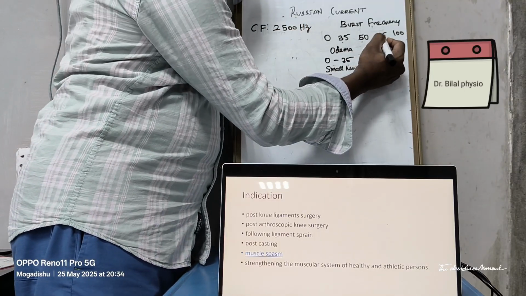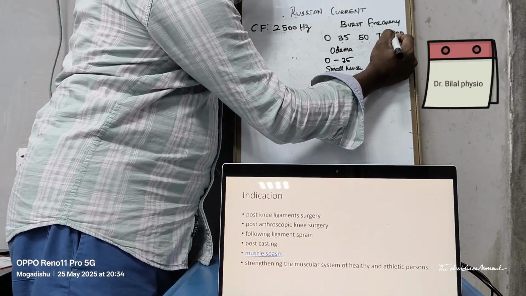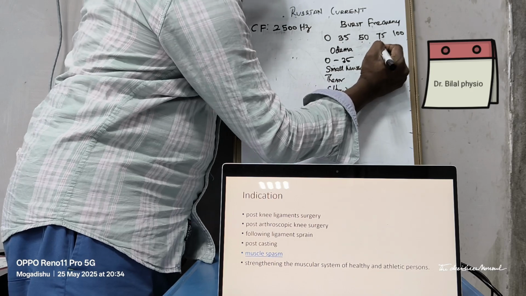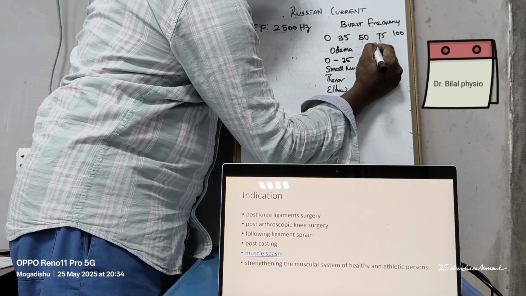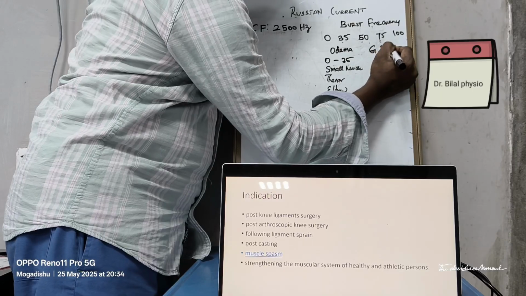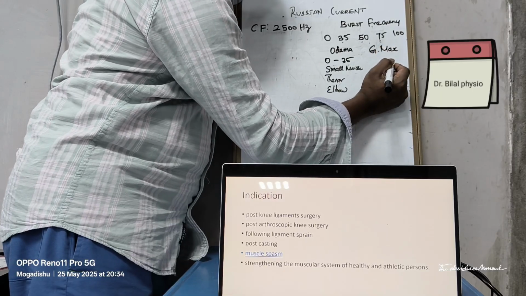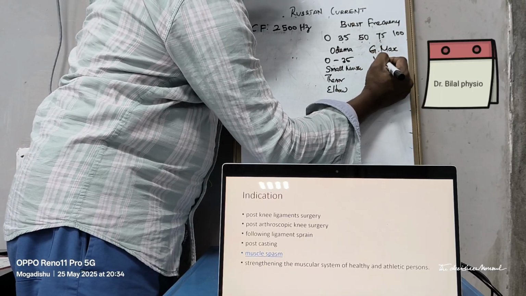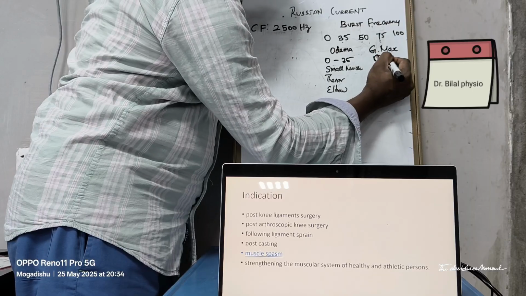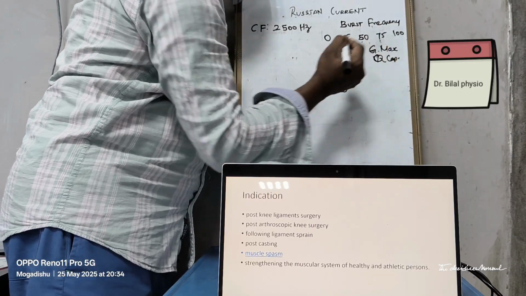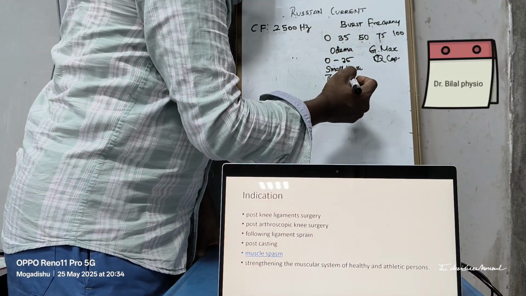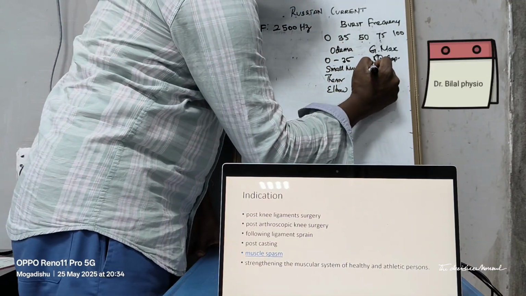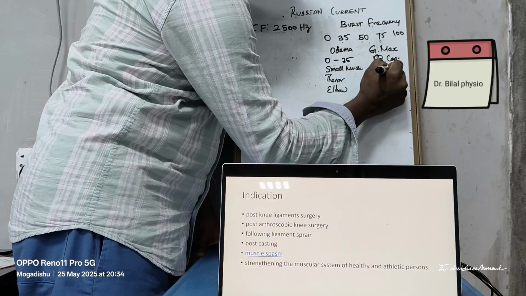This 50 to 75 range, maximum up to 80, we can use for big muscles like the gluteus maximus, vastus or the quadriceps in general, or in case of muscle re-education.